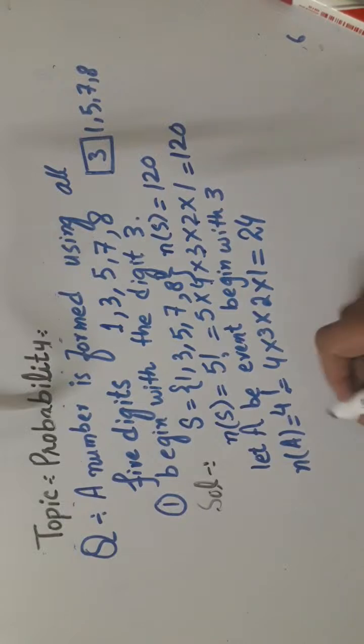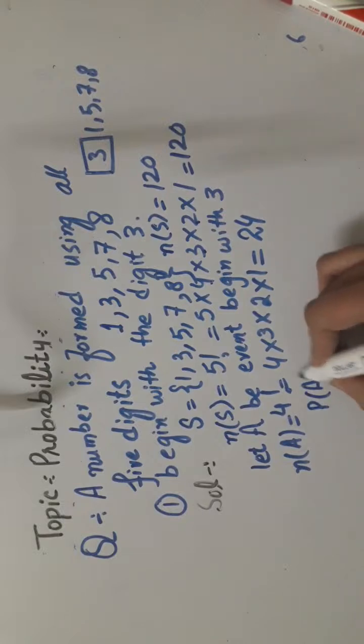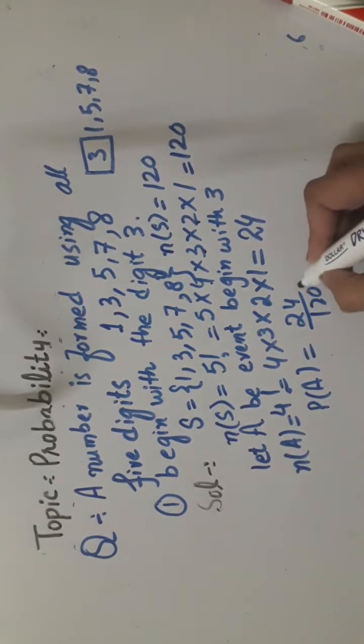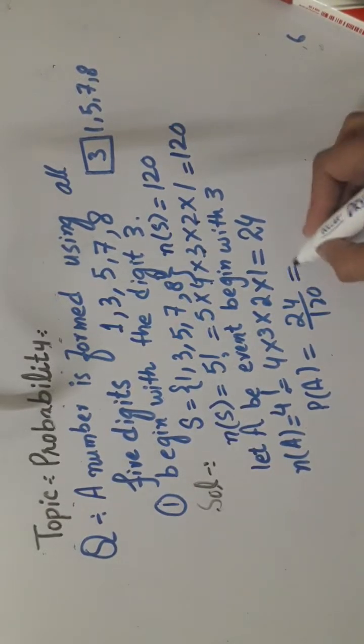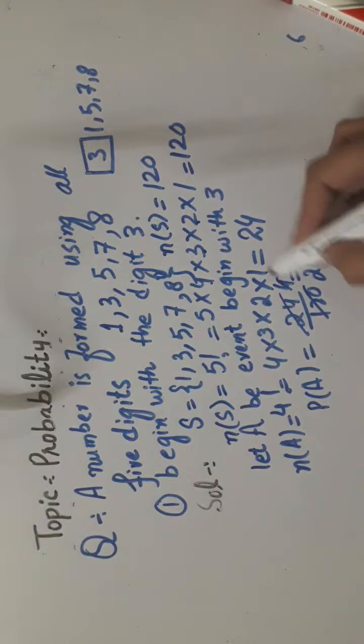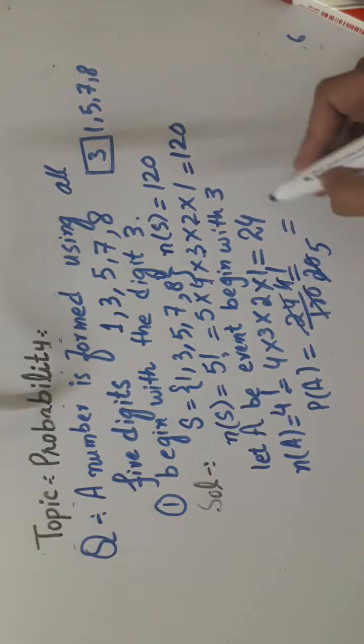So the probability of this event is equal to 24 by the total, 120. If you want to solve this, 6 4s are 24, 6 2s are 12, 0, 4 1s are 4, 4 5s are 20. So this will be equal to 1 by 5.